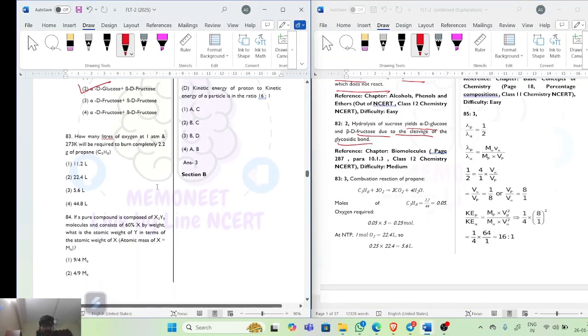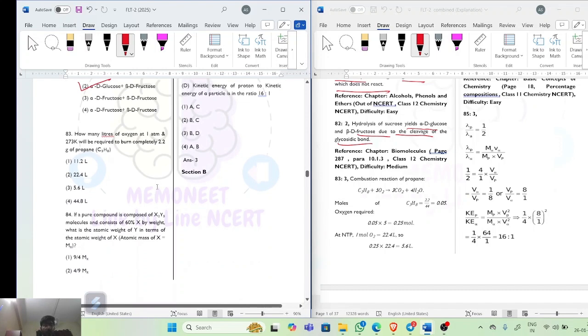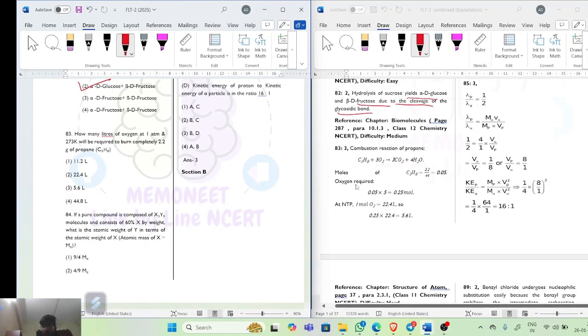Now question number 83. How many liters of oxygen at 1 atm and 273 Kelvin will be required to burn completely 2.2 gram of propane, which is C3H8? First of all, we have to write the balanced chemical equation for this combustion. So the combustion will be C3H8 plus O2 gives CO2 plus H2O.